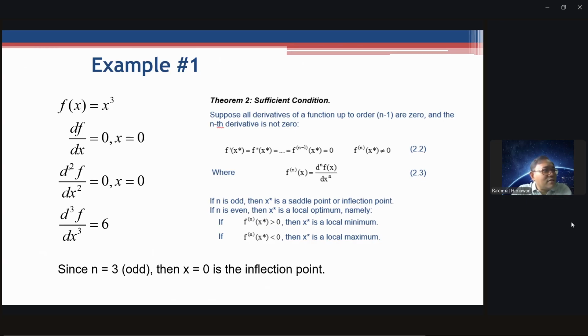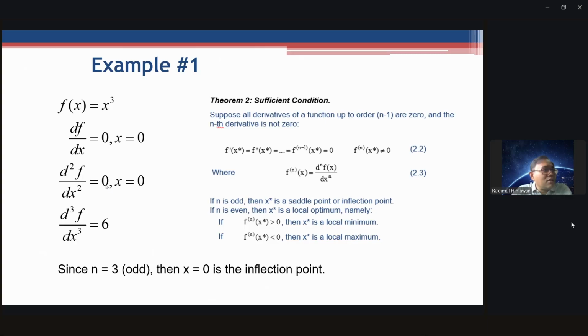Okay, let's do it again, the second derivative. It was 3x squared; if we take the derivative again, it's going to be 6x.